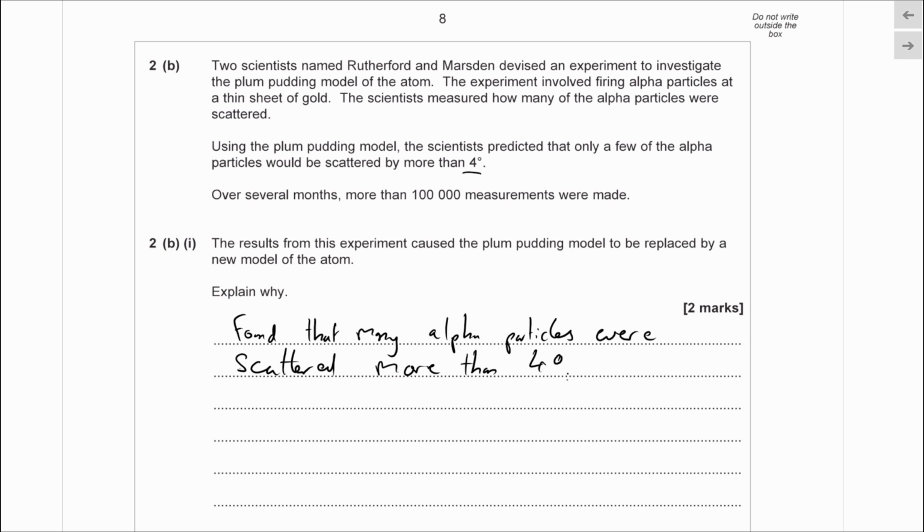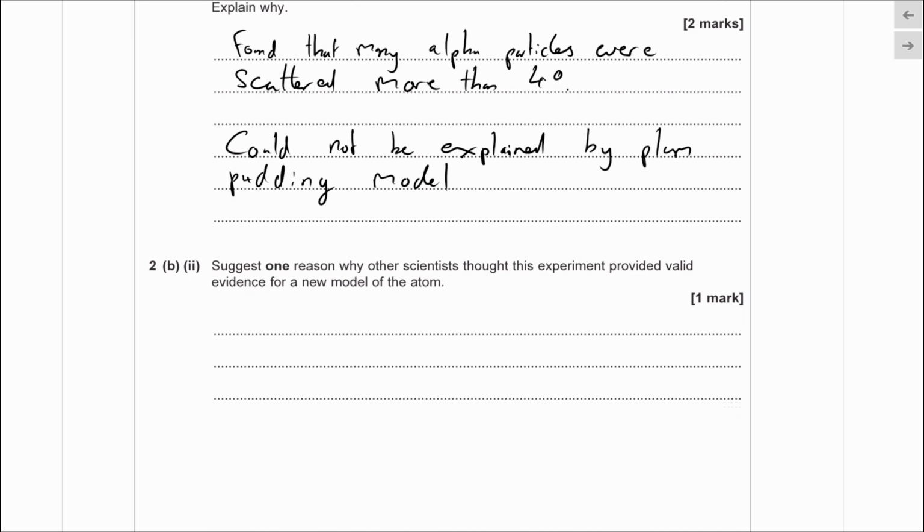So, could not be explained by plum pudding model. The plum pudding model could not explain the results that they obtained. And so that's more than enough for 2 marks. Let's move on. We've got part 2.